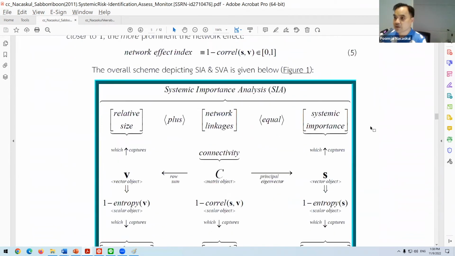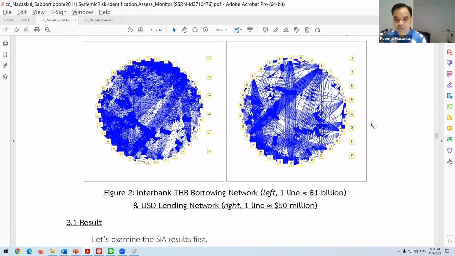I'm just going to skip all the math here, but here's the picture. You can think of each line as representing 1 billion baht worth of interbank lending, and these are the banks that were analyzed. This was when I was at the Bank of Thailand, so I had access to this. Outside of the Bank of Thailand, you don't have access to this. Because of that, I don't name any names. These are generic banks 1, 2, 3, 4, 5, 7, and it's also very old data, so it's not sensitive.